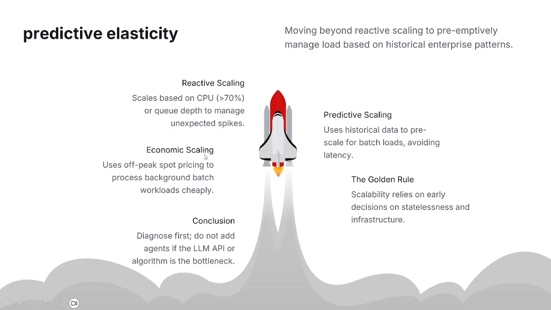Economic scaling, when you are considering cost management, you can use off-peak spot pricing to process background batch workloads cheaply. And then for predictive scaling, you can use historical data to pre-scale for batch load, avoiding latency. Then the golden rule here is scalability relies on early decisions on stateless infrastructure.